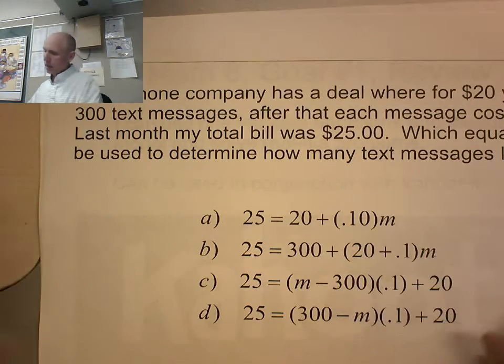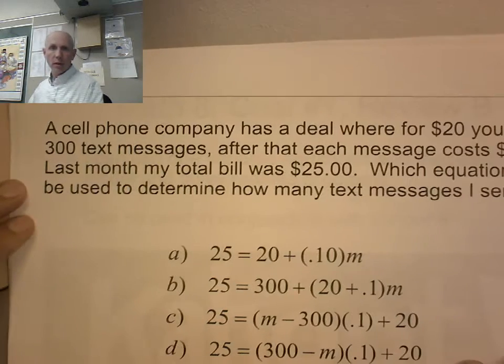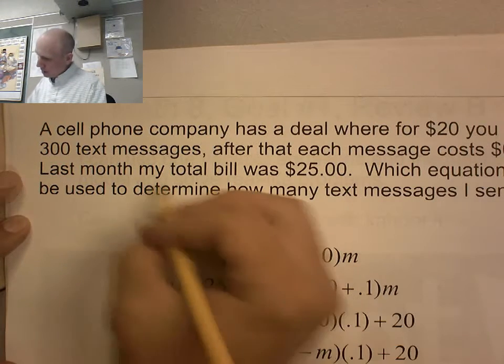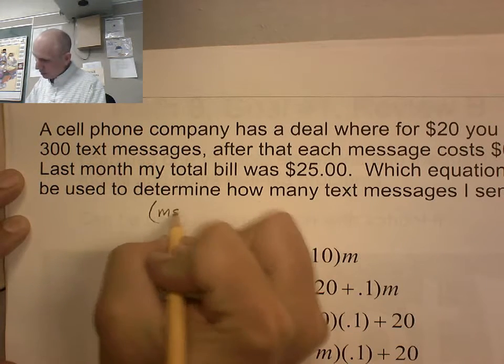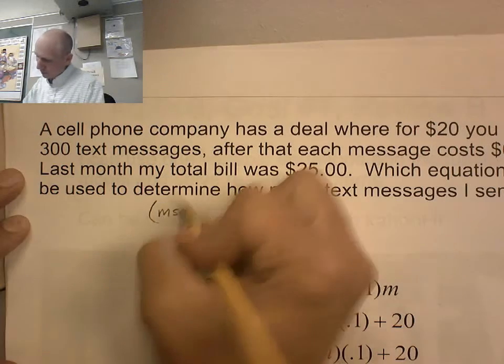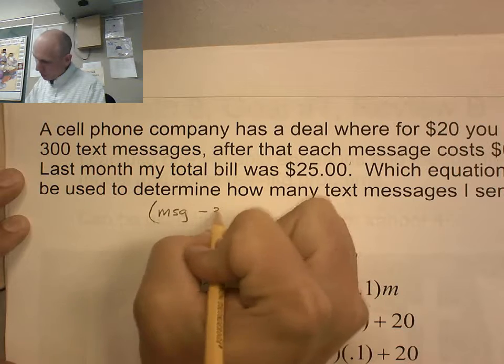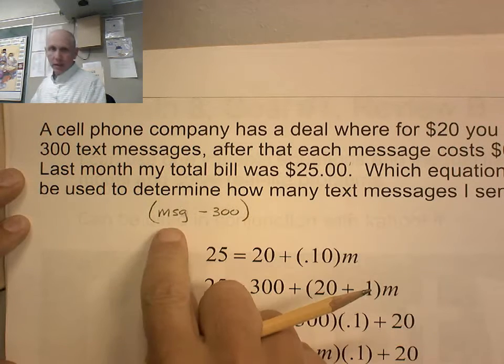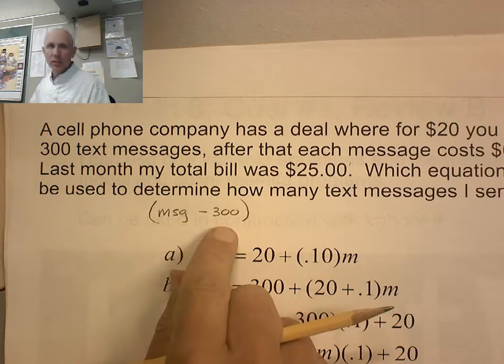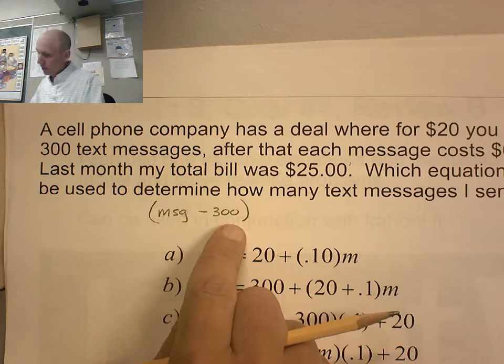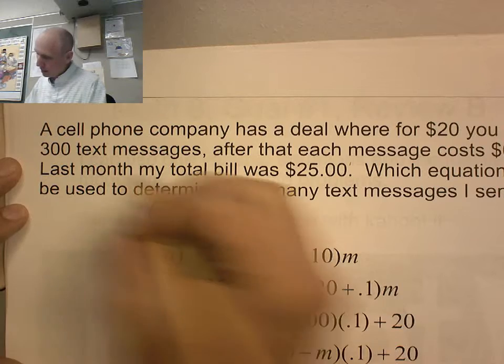Number 9. Cell phone company has a deal where for $20 you get 300 messages. So I've got messages minus 300. That's the number of messages I have to pay for. So if I did 301 messages, I'd have to pay for one of them. The cost per message is 10 cents.